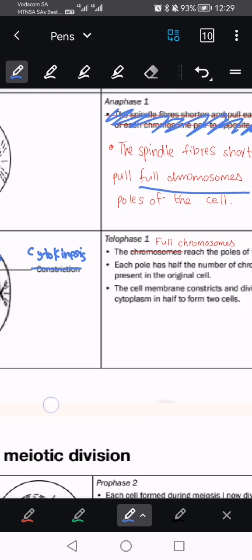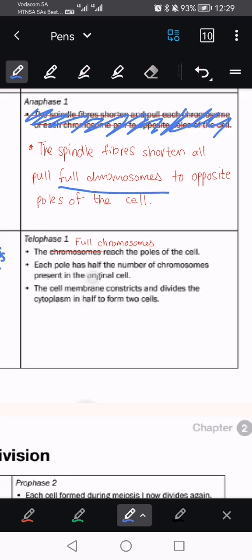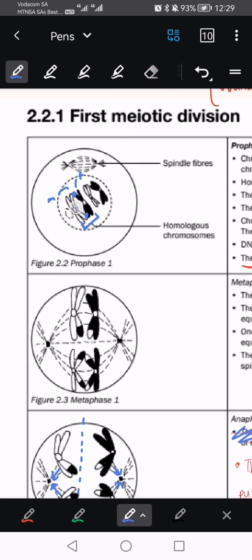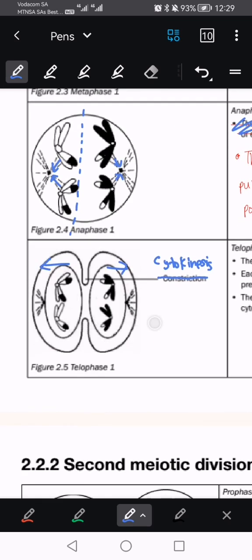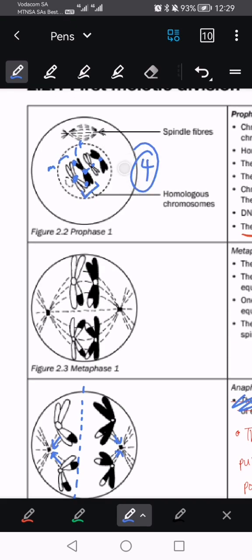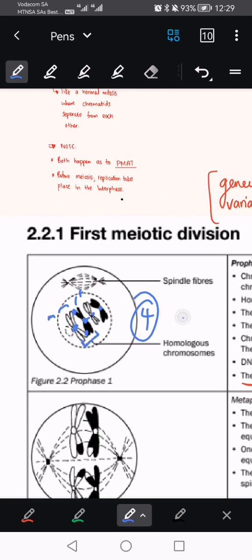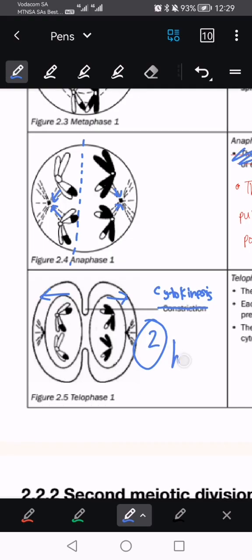When they reach their poles, each pole has half the number of chromosomes present in the original cell. That is true because here we had 4 chromosomes present. Remember, there was 4. Now here at the end, each cell has 2. And this is the effect of going from diploid to haploid.